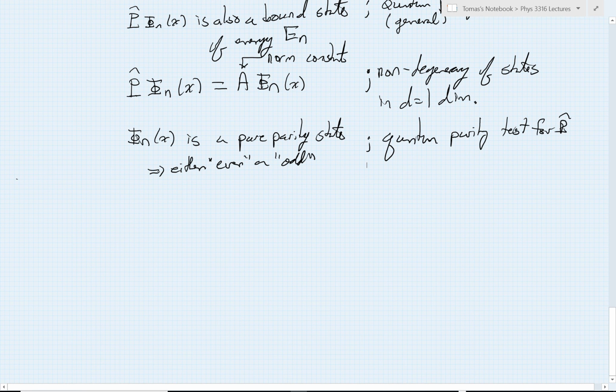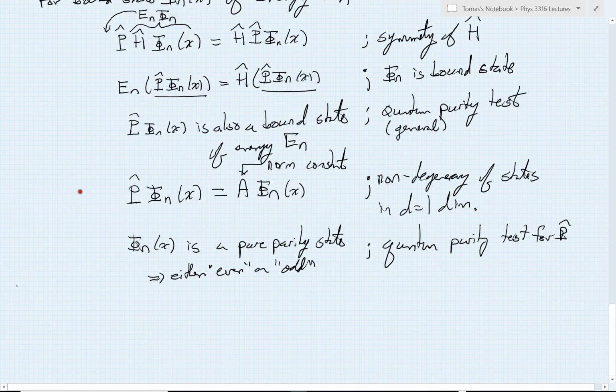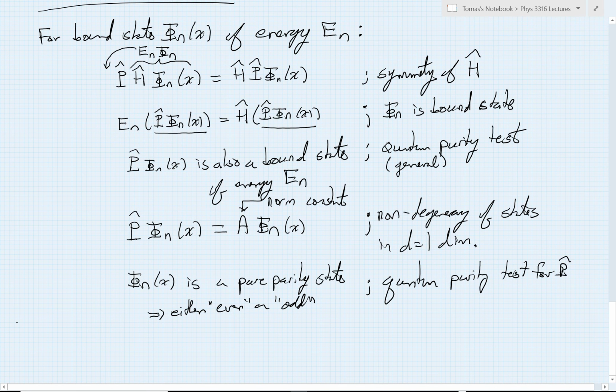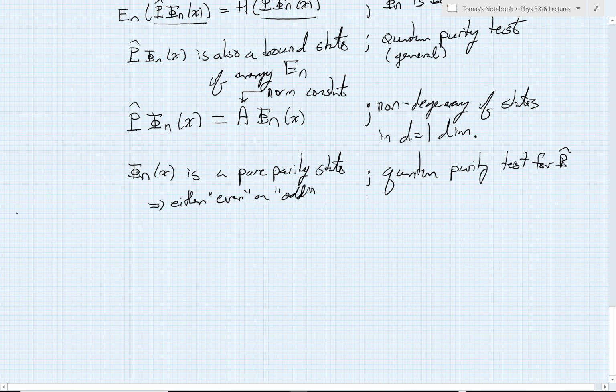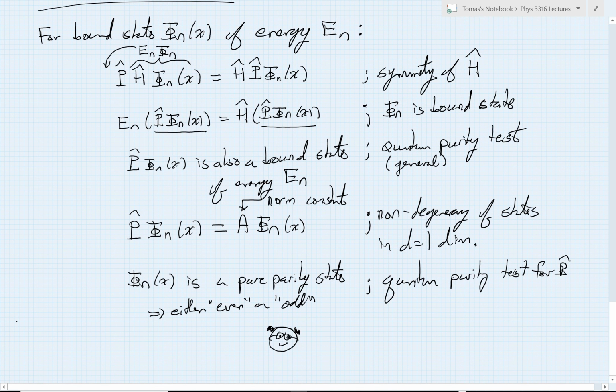If we have a symmetric potential, H will commute with the parity operator, and therefore any bound state solution is going to be an even or odd function. So that completes our proof of this major claim, which corresponds to the observations that we had made for the finite square well. So that, again, deserves a happy professor symbol. We've completed the proof we had set out to prove.